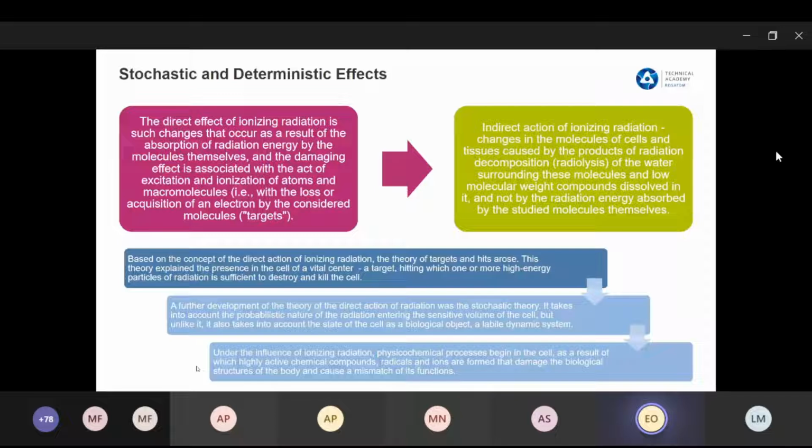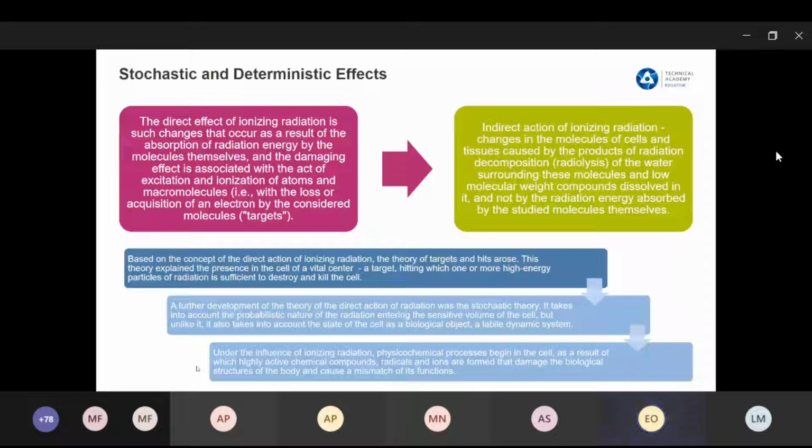Based on the concept of the direct action of ionizing radiation, the theory of targets and hits arose. This theory explained the presence in the cell of a vital center, a gene or ensemble of genes, a target, hitting which one or more high-energy particles of atomic radiation is sufficient to destroy and kill the cell. Hitting a target is a probabilistic event.